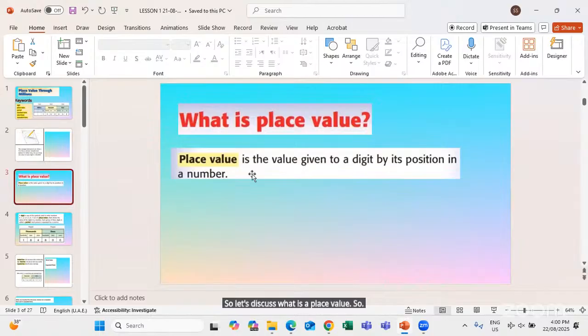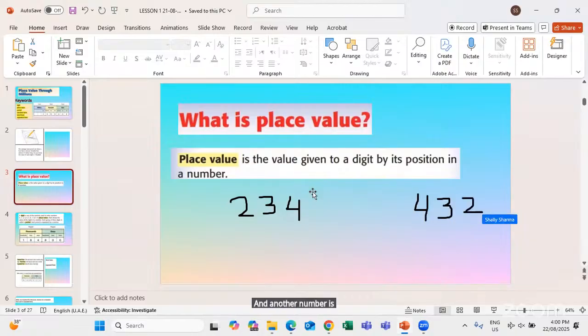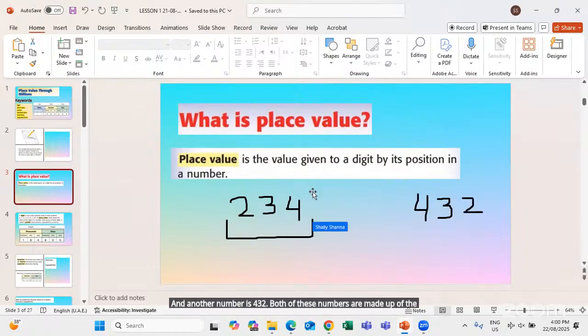Place value is a value which is given to the digit by its position in the number. For example, I take two simple numbers, 234, and another number is 432. Both of these numbers are made up of the same digits.